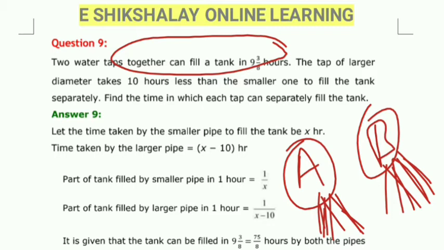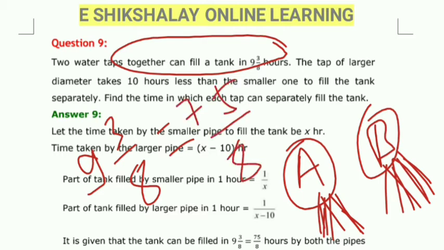So what does 9 and 3/8 mean? 9 eights are 72, plus 3 is 75, so 75/8. We generally multiply this and then add the numerator. So 9 into 8 is 72, 72 plus 3 is 75 upon 8 hours. So these two taps A and B can fill it in 9 and 3/8, that is 75 upon 8 hours.